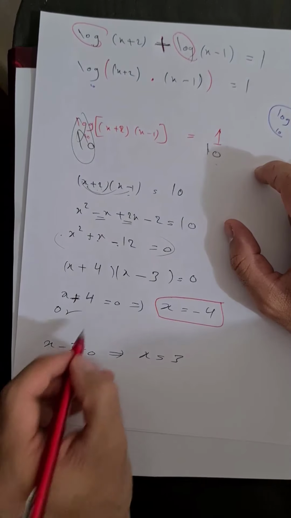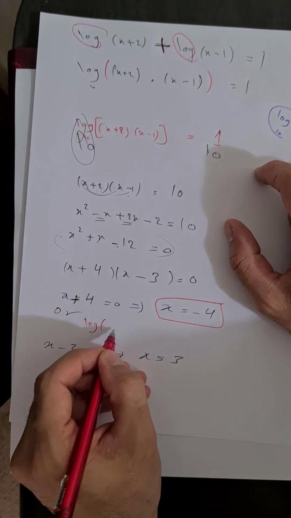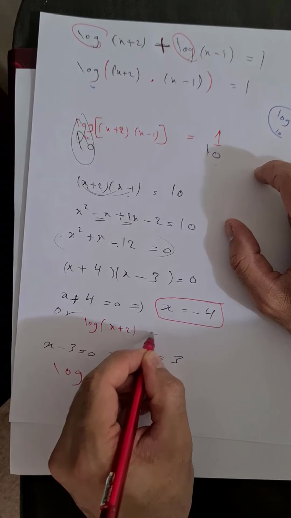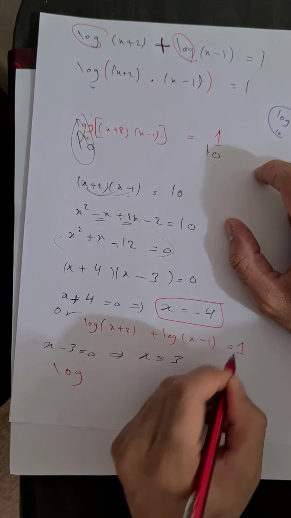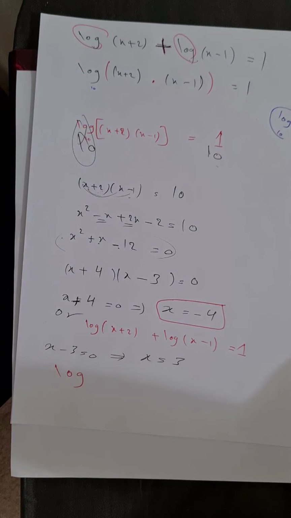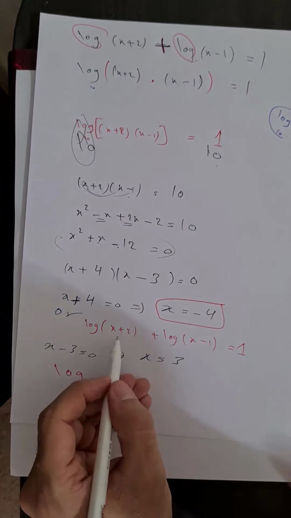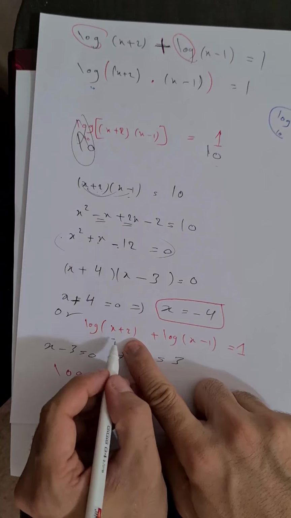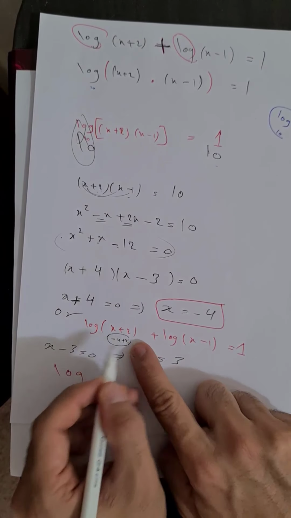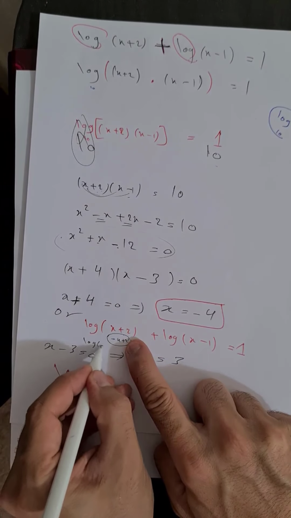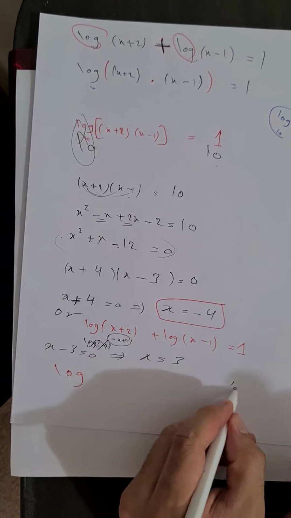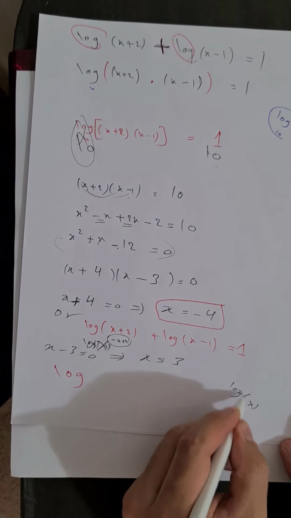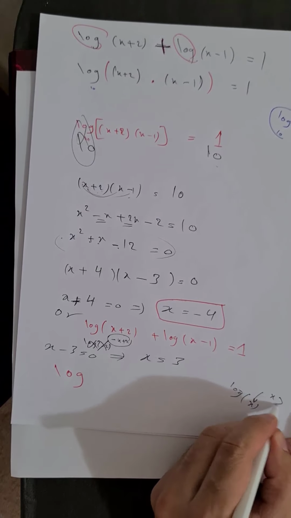Log of x plus 2 plus log of x minus 1 is equal to 1. If I put minus 4 here, I will get log of minus 4 plus 2, which means log of minus 2, which is not acceptable. Why? Because for log of x, x should be greater than 0.